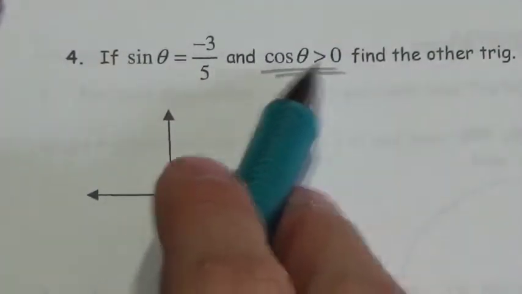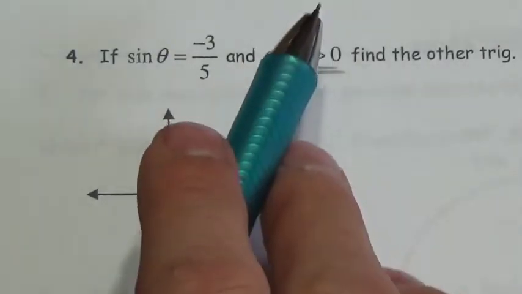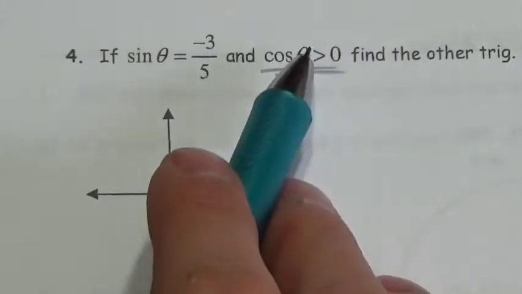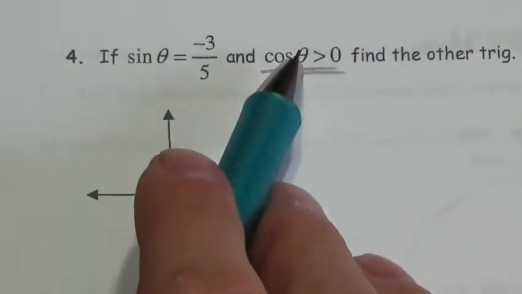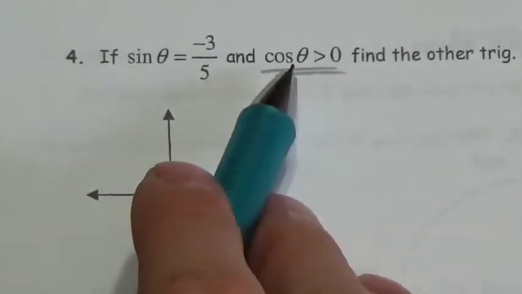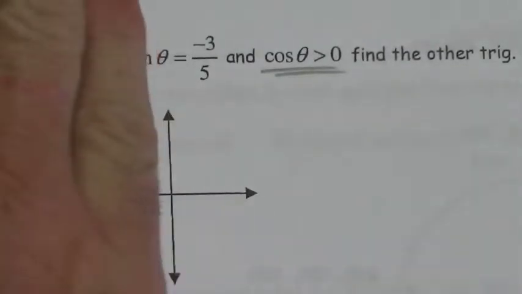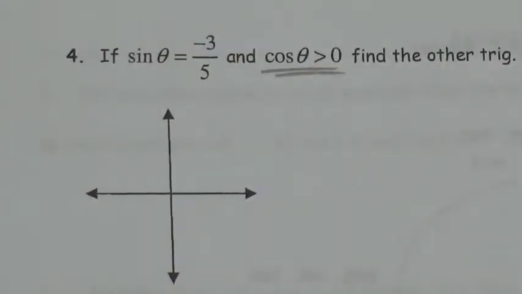Cosine is greater than 0. Cosine is positive. Well, cosine is related to the x-coordinate, and r, but r is always positive, so it's really just the x-coordinate that could cause an issue here. So this is telling me that the x-coordinate has to be positive. Well, that occurs in quadrants 1 and 4. So let's think about it like this.